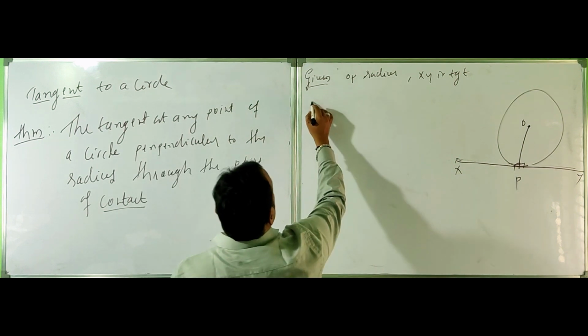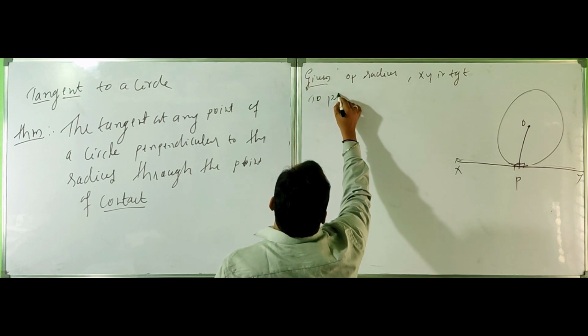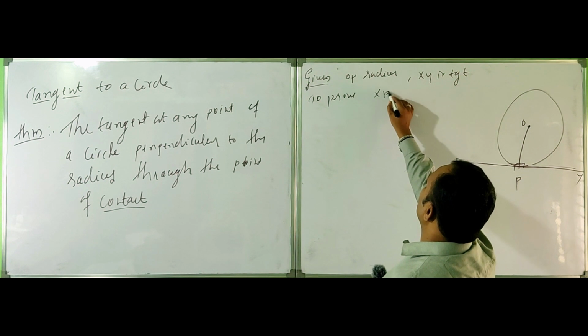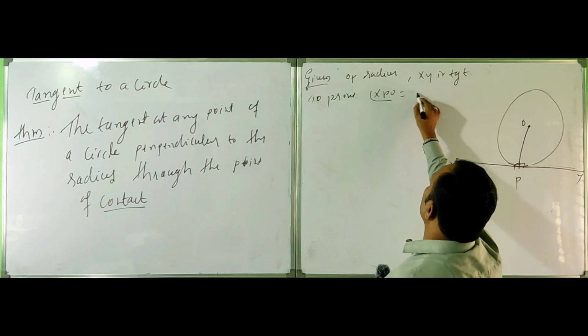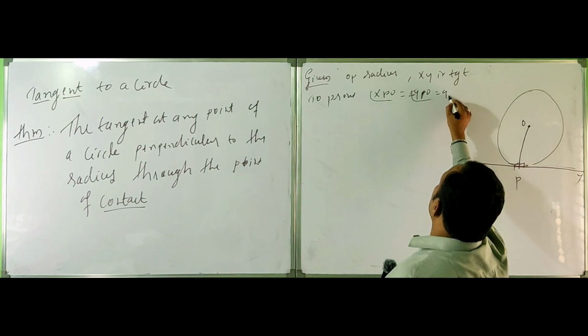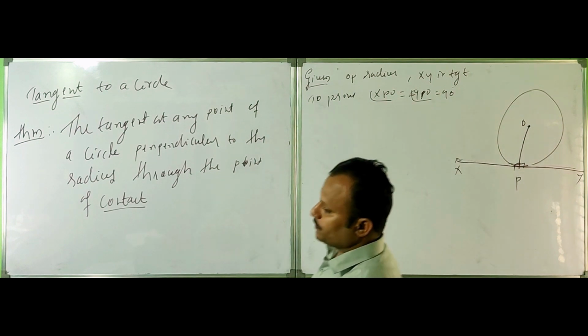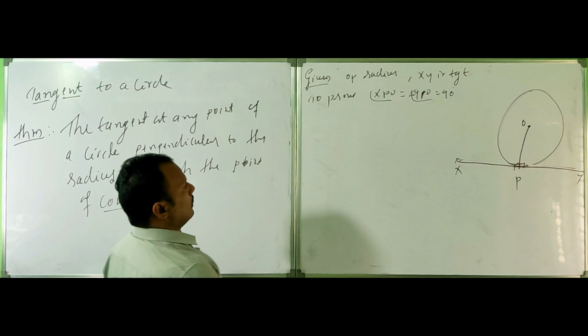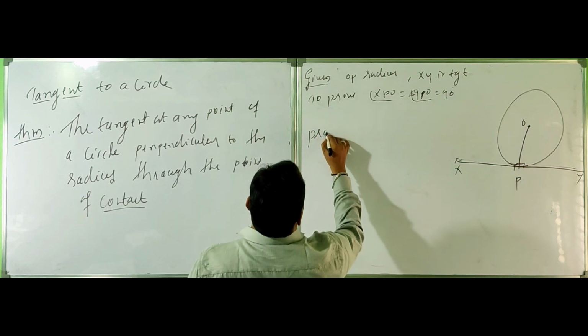To prove: angle XPO is equal to angle YPO, which is equal to 90 degrees. Right? Now, how to write the proof.